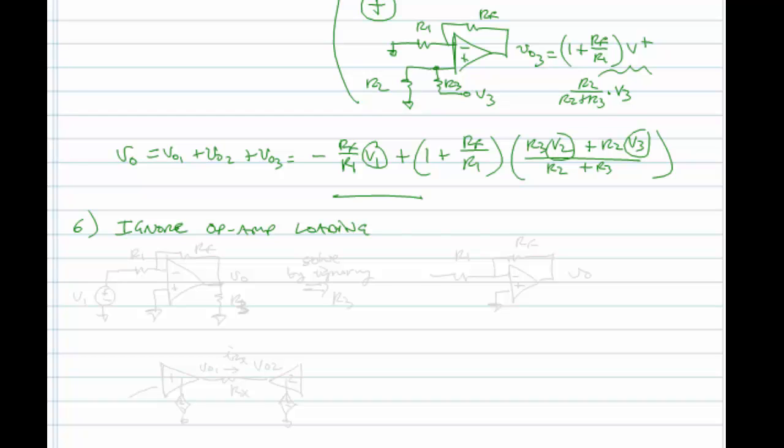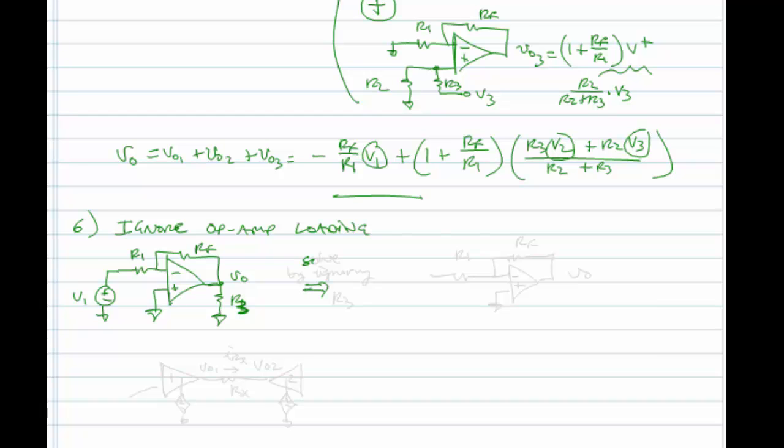So, for instance, here we have our inverting amplifier, and let's say that you have some other resistor R3 here connected between VO and ground. I think I already talked about this, so I won't belabor it.